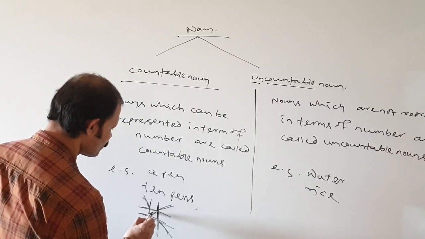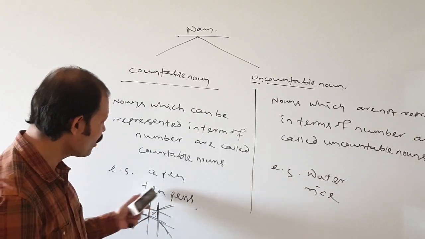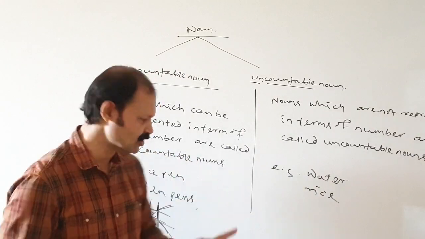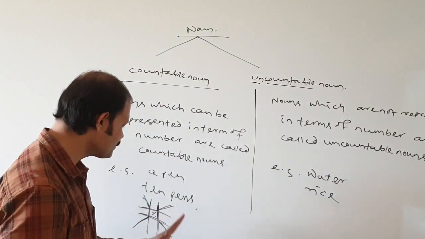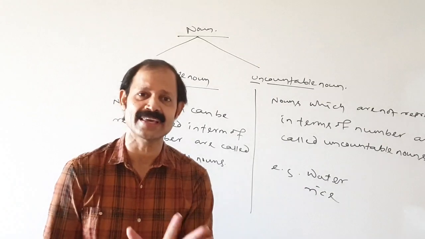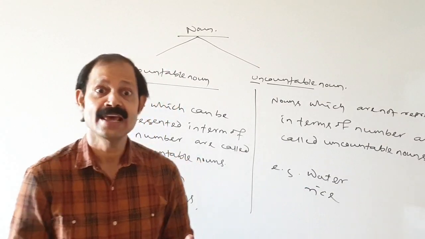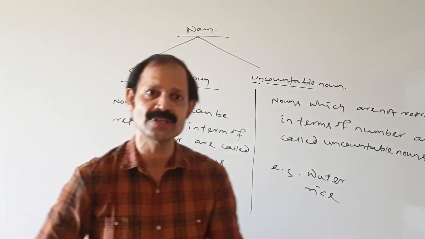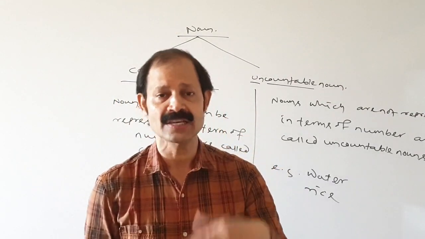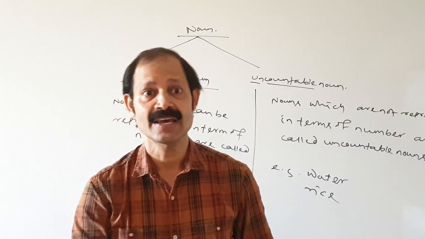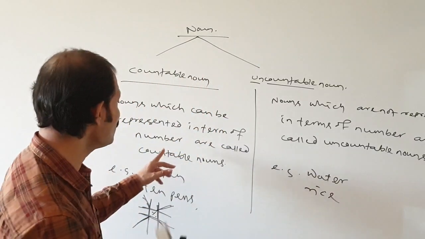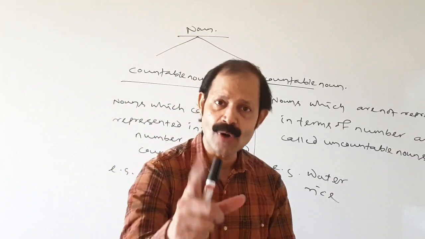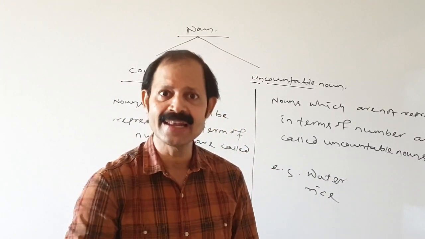Going through the horoscope, the astrologer might say, 2 stars are in a better position, but these 3 stars, because they are in an enemy position, are creating all types of disturbances. So in the process of saying star, we say 1 star, 2 stars, 5 stars, 7 stars, and because we represent them in terms of number, they are countable nouns. We say 1 leaf, 5 leaves, 7 leaves.